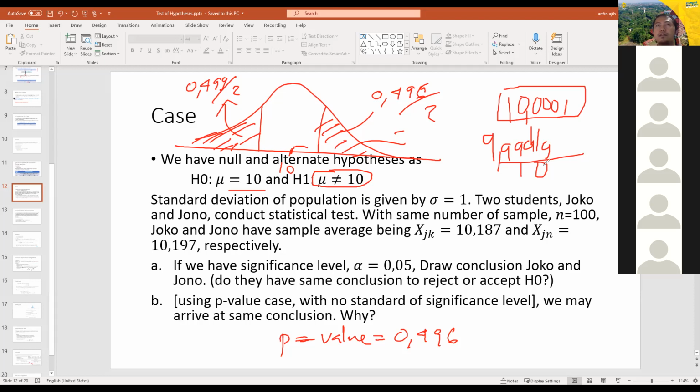Tapi sir, bukannya tadi kita ketemu 0,496 ketika Z lebih dari nilai Z yang tadi dicari berdasarkan eksperimen. Itu bukannya berarti 0,496 tidak perlu dibagi 2, karena dia sudah mengisi semuanya? Oh iya, benar.